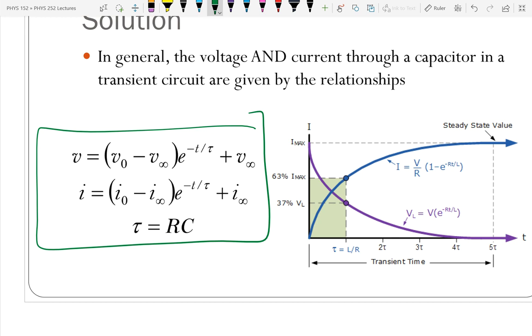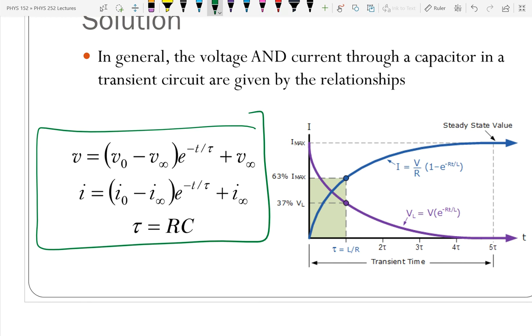But for the inductor, I infinity is not 0. And so I put it in this form so we have exactly the same equation for an inductor as we have for a capacitor. The only thing that's going to be different is the definition of tau. The time constant for an inductor is something different, in an inductor-resistor current circuit.